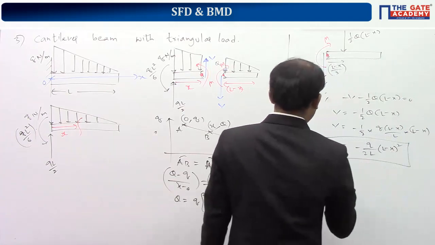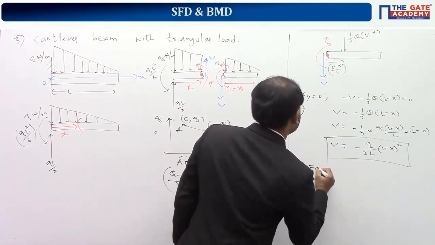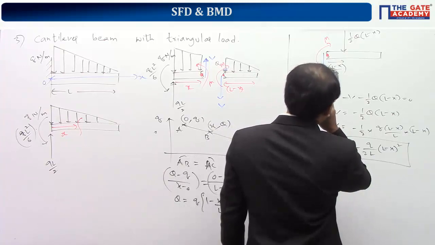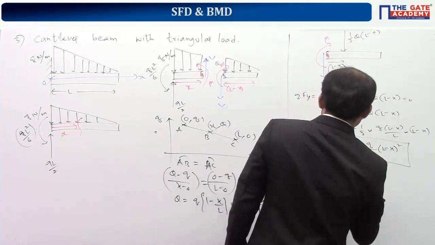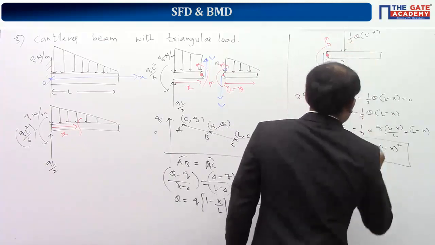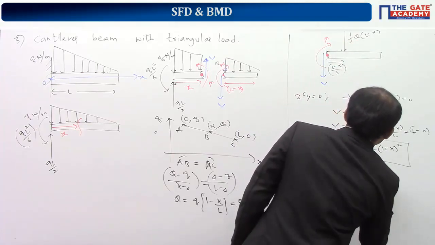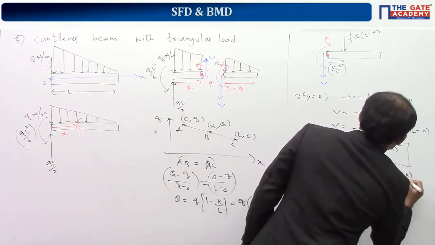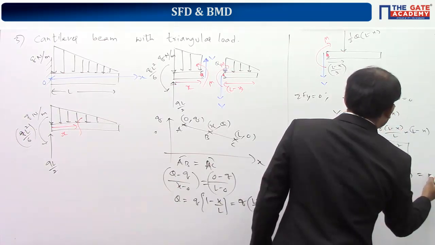In the same way, if you apply sigma Mz is equal to 0, so we can say that M clockwise, that is minus M, half capital Q into L minus x into L minus x by 3 clockwise is equal to 0.